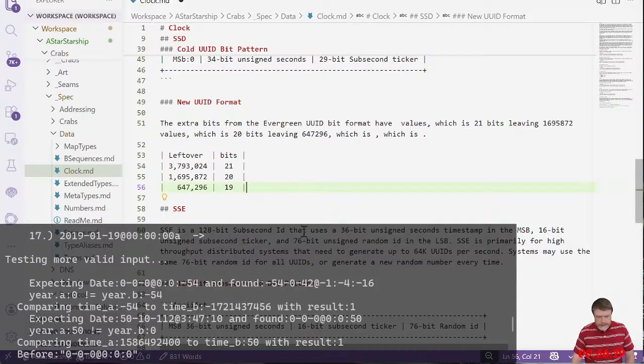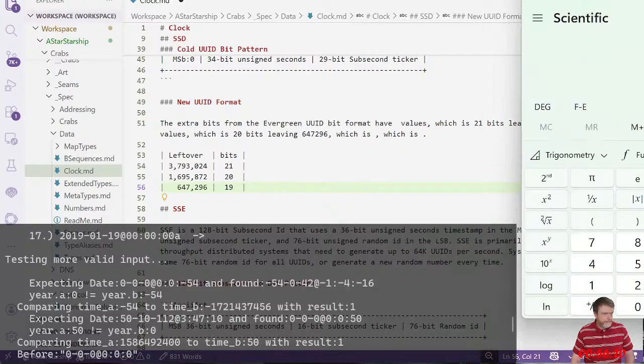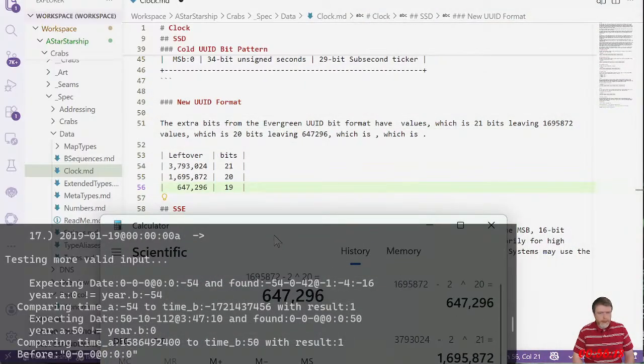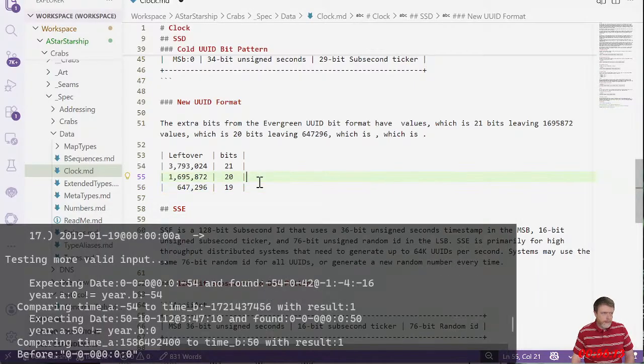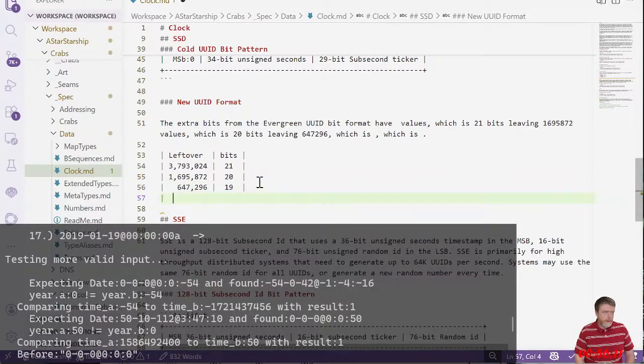So I have to do this continually down the line, minus 2 to the 19th. Now we're going to minus 2 to the 18th.